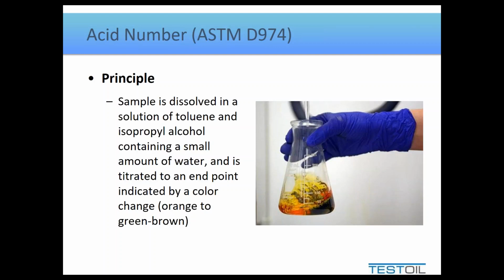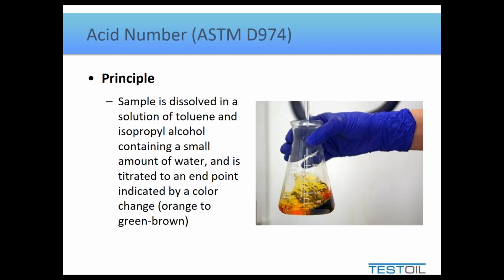So with a simple test like this, how you can explain it is basically, if you can remember high school chemistry class, you probably did this test, some variation of it. A titration is when you take something like an acid and something like a base and you mix the two together and you try and neutralize them. If you know how much acid you started with and you measure how much base it takes to neutralize it, by knowing how much base it takes to neutralize it, you know the strength of the acid.